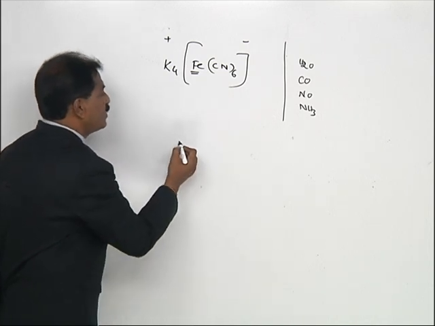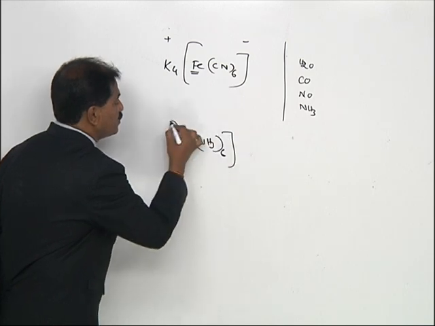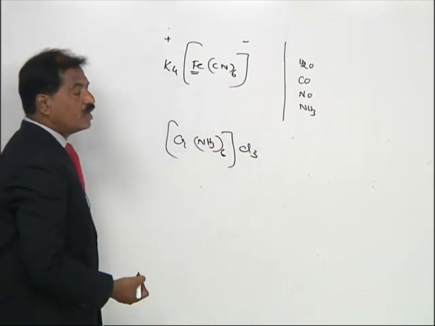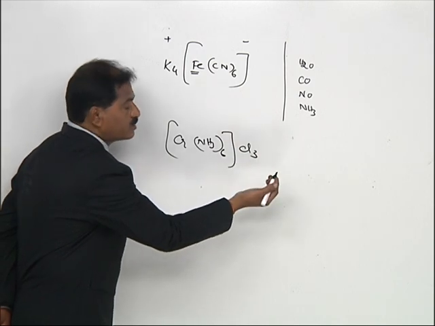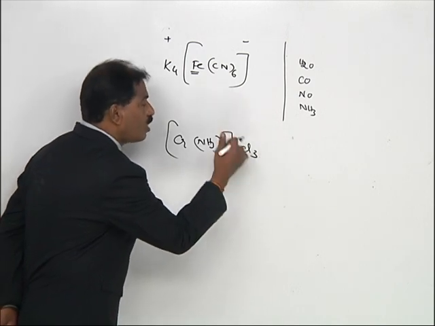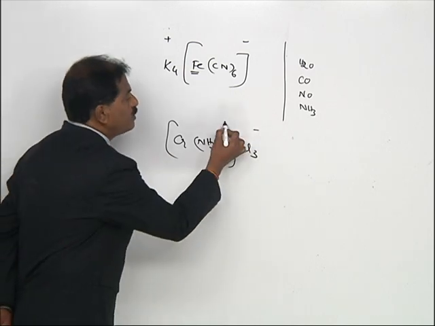Whereas in certain complexes like this Cr(NH3)6, in this molecule the simple ion is shown after the complex. If any simple ion is shown after the complex, it will get the negative charge. Now, the complex will get the positive charge.